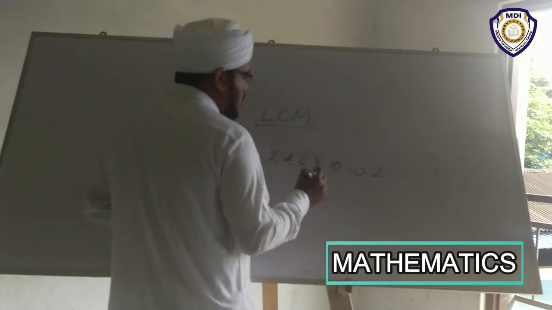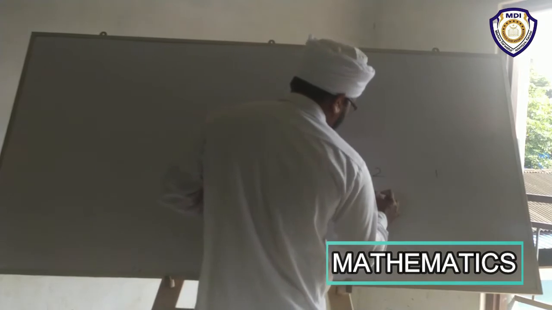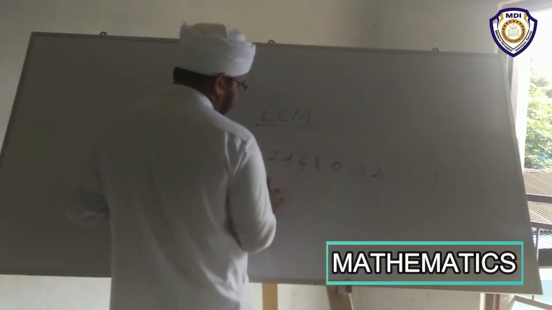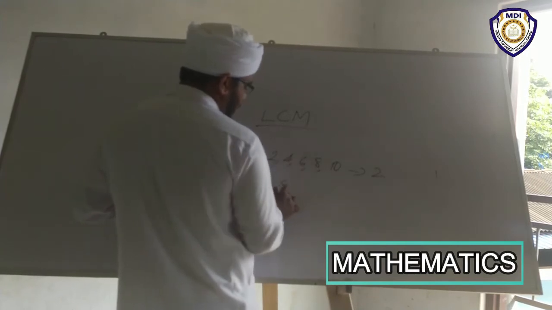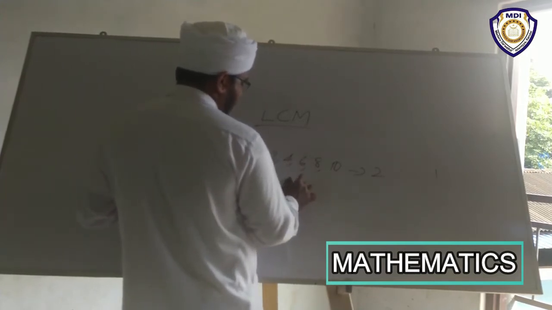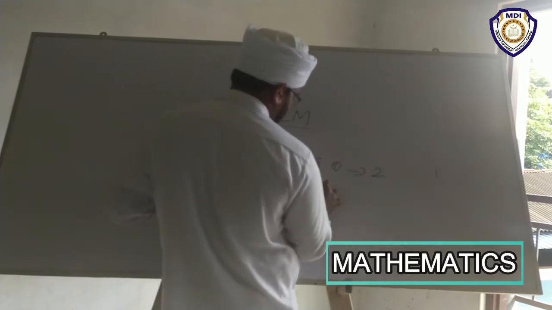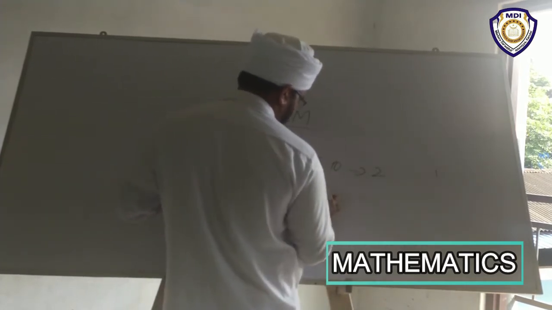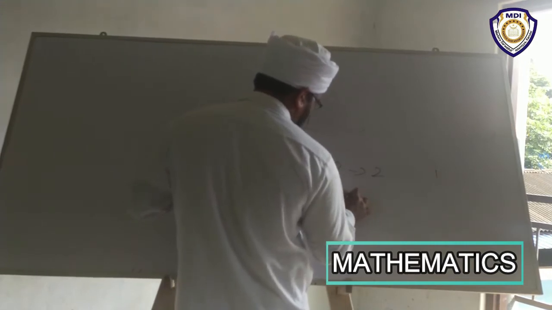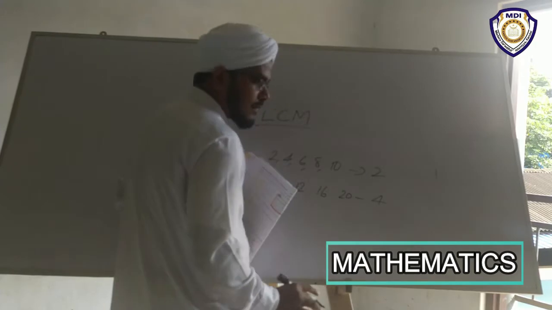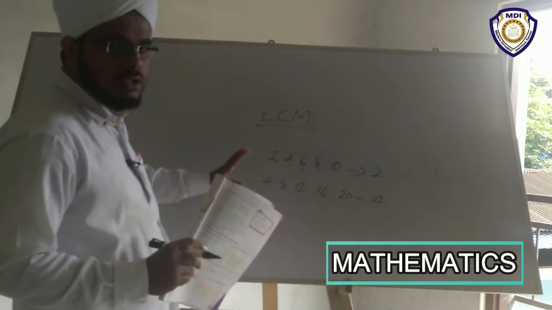Then for another number: 4, 8, 12, 16, 20. These are the multiples of 4.